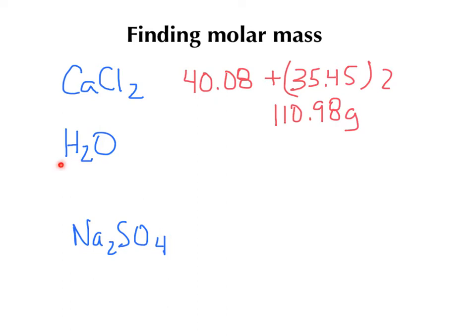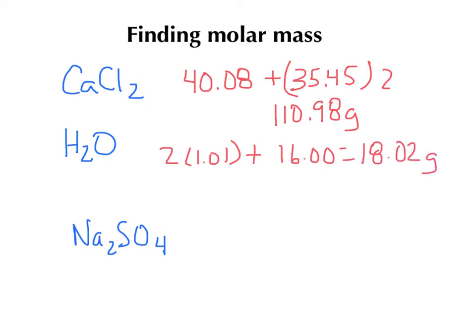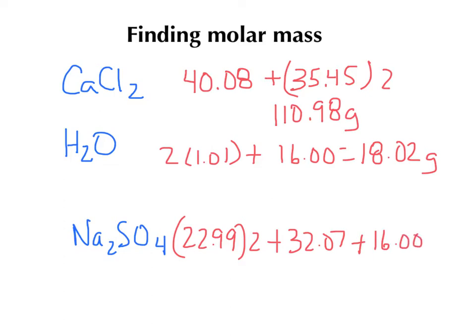For H2O, we have 2 H's, and that is 2 times 1.01 plus oxygen, which is 16.00, and that ends up being 18.02 grams. For sodium sulfate, we have 2 sodiums, so that is 22.99, that's each sodium, times 2, plus, now I'm going to a new element, sulfur, which is 32.07, plus oxygen, which is 16.00, but there are 4 of those, so I'm going to multiply that by 4.